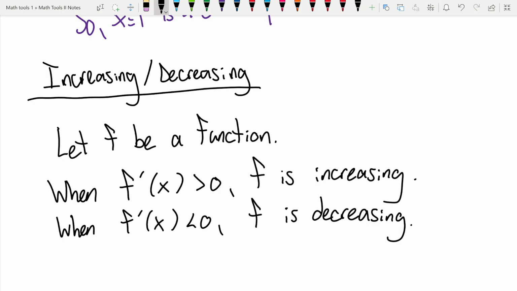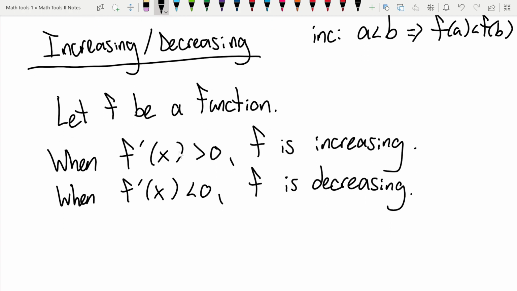The formal idea for increasing would be that a is less than b implies that f of a is less than f of b, right? And for decreasing, a is less than b would imply that f of a is greater than f of b.